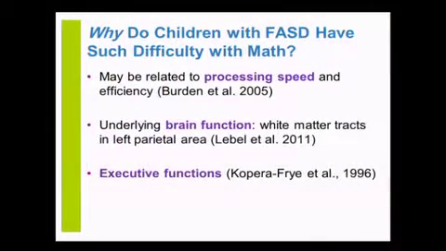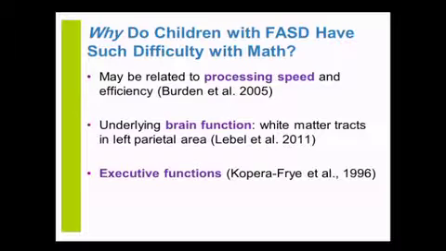So why is math such an area of difficulty, and what is unique about math and FASD that makes it one of these areas that is quite impaired in these individuals? There are a couple of different theories out there. There isn't a lot of research on the underlying causes or roots of the problem, but there is some.